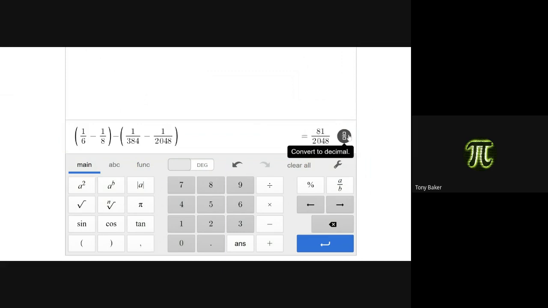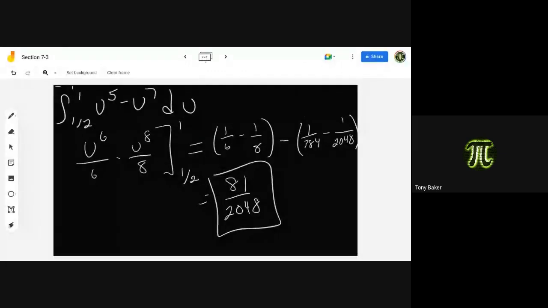Like that. So we have 81 over 2048. And that's the answer.